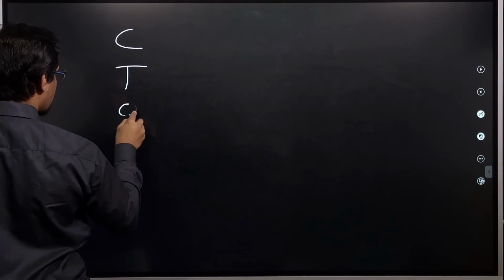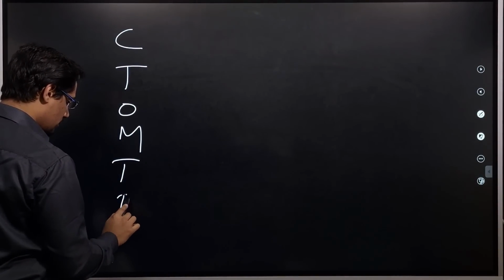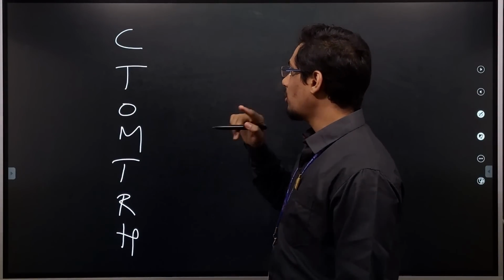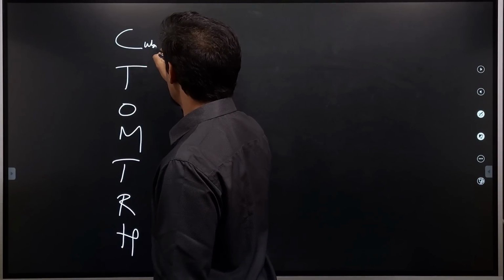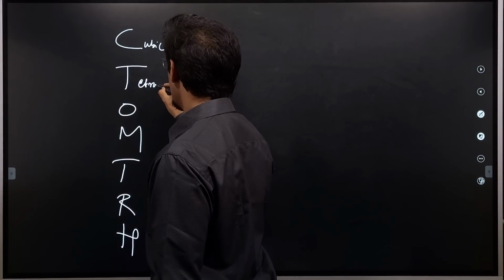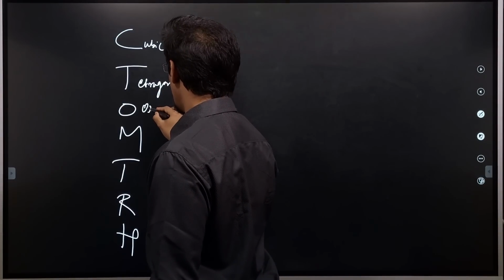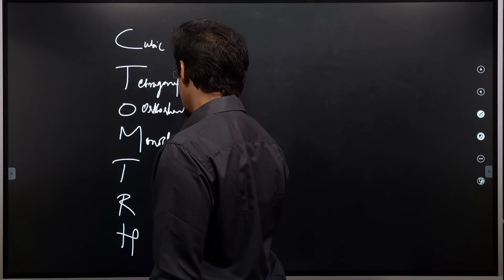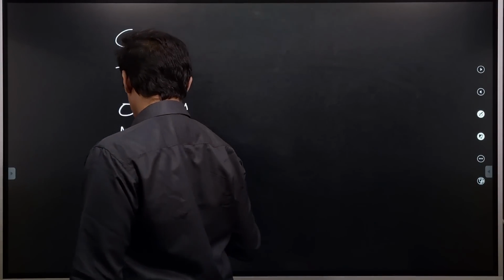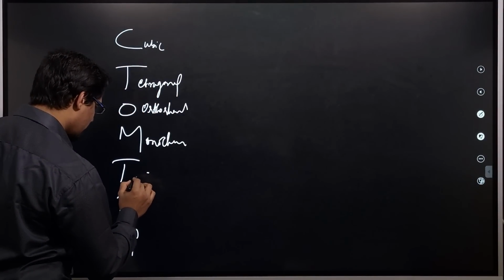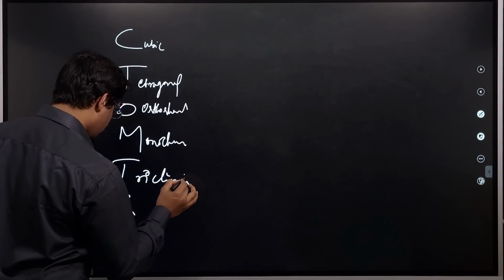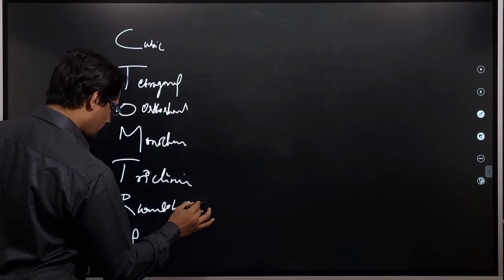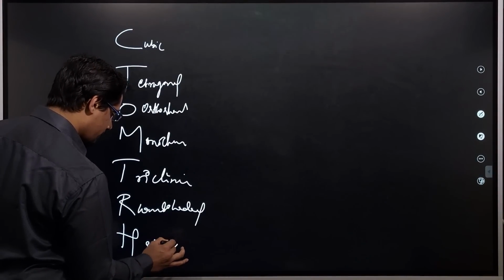C Tom Tra. Remember this shortcut: C Tom Tra. C stands for cubic, T stands for tetragonal, O stands for orthorhombic, M stands for monoclinic, T stands for triclinic, R stands for rhombohedral, and H stands for hexagonal.